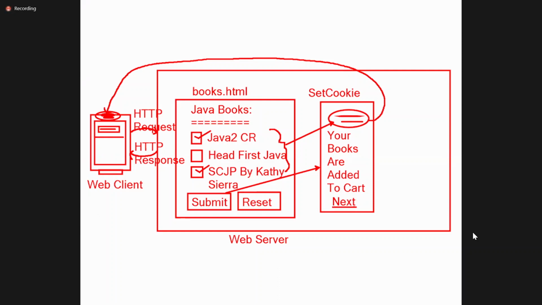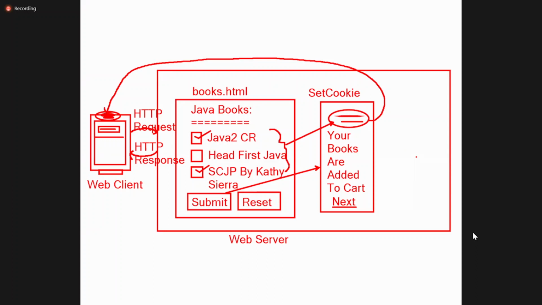If I click the next hyperlink, there is one more category of items. We'll select one more category of item. Again, your items are added to cart. Next hyperlink, again one more category.